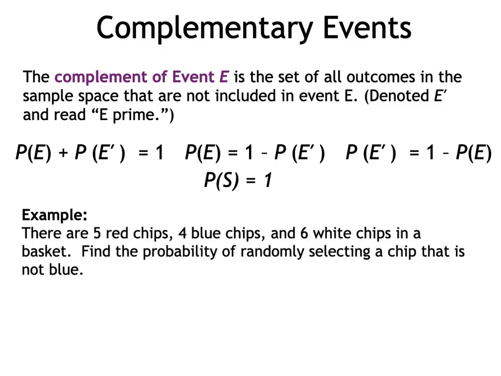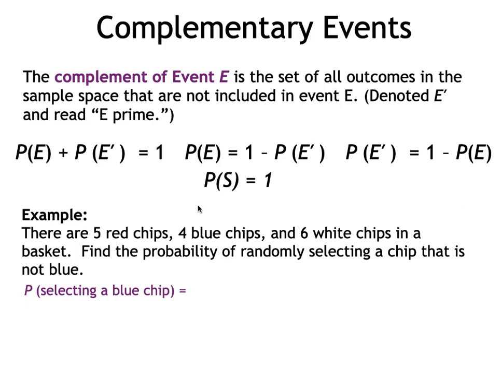Alright? Let's have the following example. Say there are 5 red chips, 4 blue, and 6 white chips in a basket. We are asked to find the probability of randomly selecting a chip that is not blue. What we're given are 5 red, 4 blue, and 6 white chips. So let's say, for example, I'm going to find the probability of selecting a blue chip.